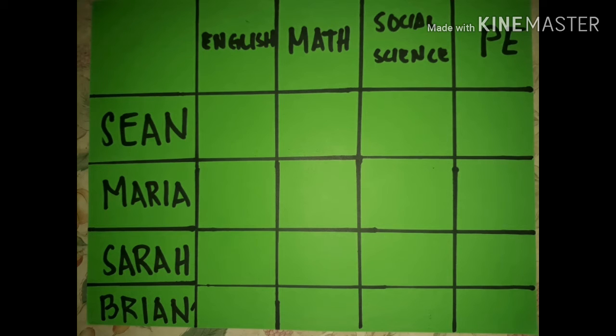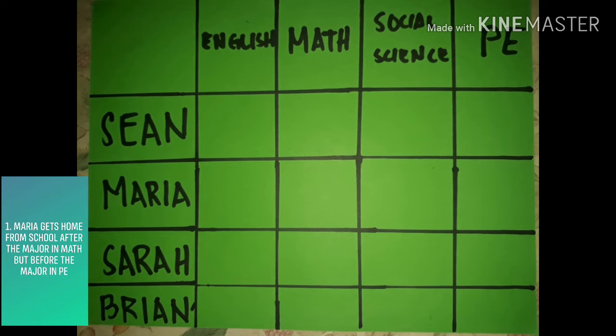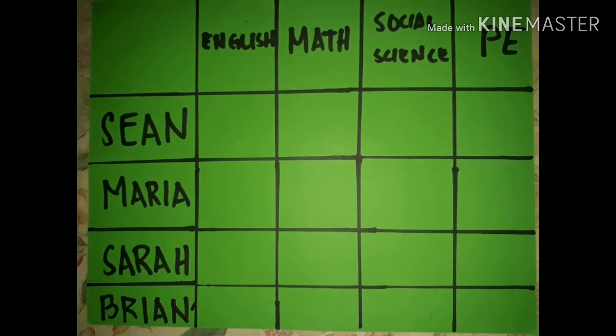As you remember, our first clue is that Maria gets home from school after the major in Math but before the major in PE. Therefore, we can conclude that Maria is not the major in Math nor the major in PE. So, let's put an X on it.